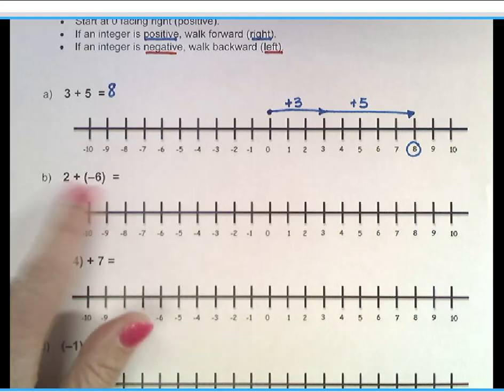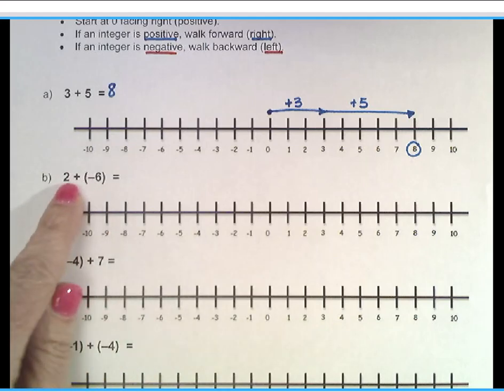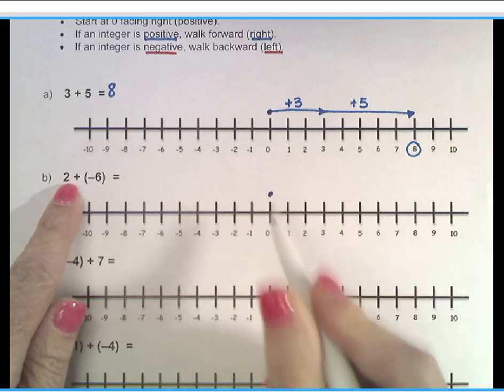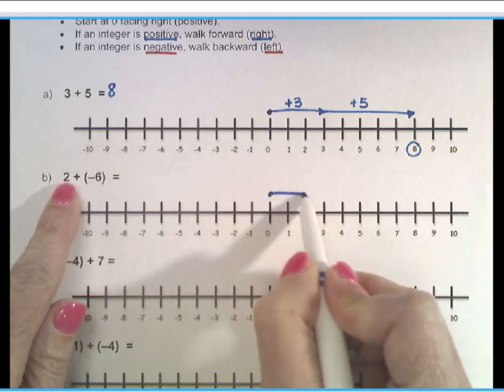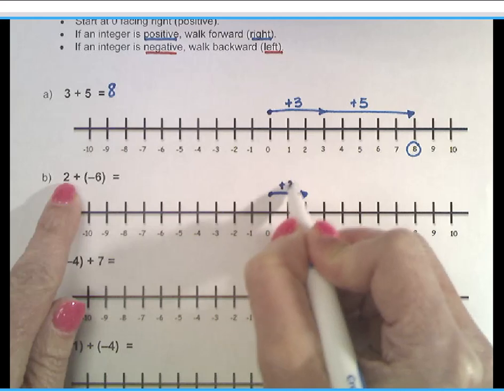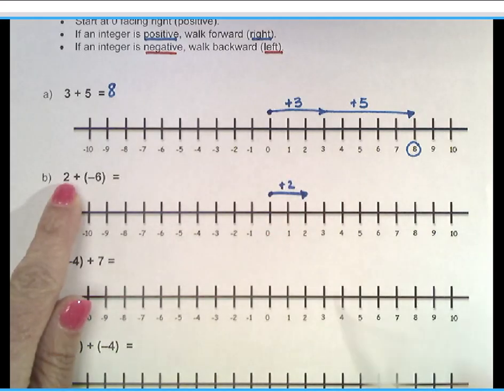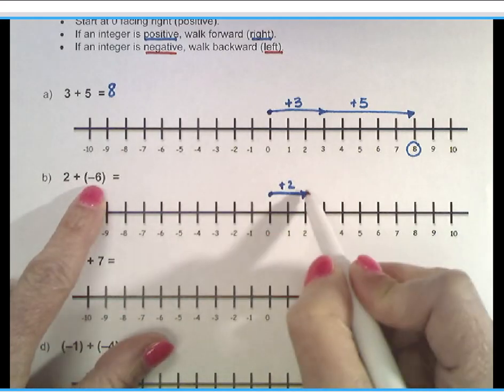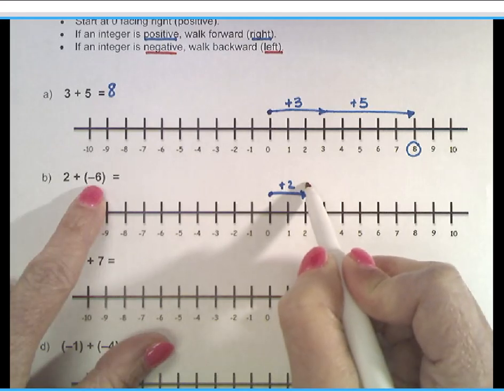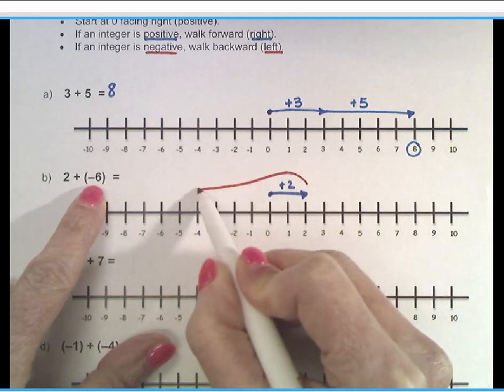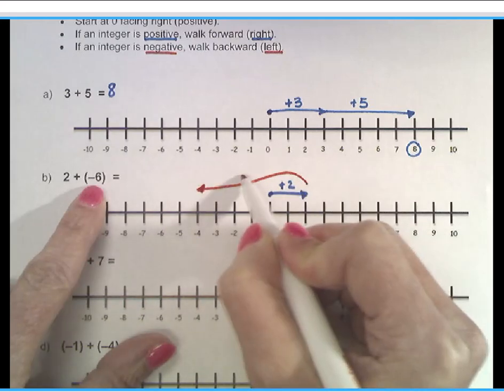So what about when you have positives and negatives mixed? This means you're going to start at 0. You're going to go to the right 2, right? That's your plus 2. And then from there, you're going to go back 6. So if you're at 2 and then you head back 6, I've got a little curvy line there.